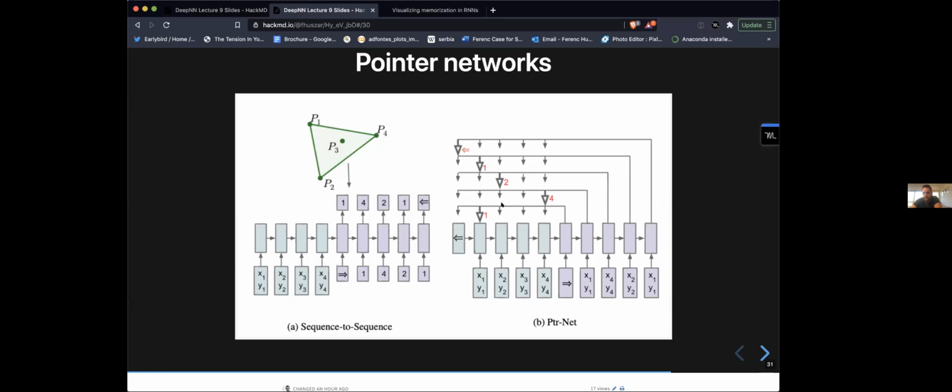It essentially specifies which particular time step, which point received at which particular time step, is the one that I'm going to output. So that's what this picture shows. This is an idea that's related to something that Nick is going to talk about next time, called attention, which is another crucial element in improving the performance of sequence-to-sequence. But I want to leave it for Nick to introduce that in the next lecture.